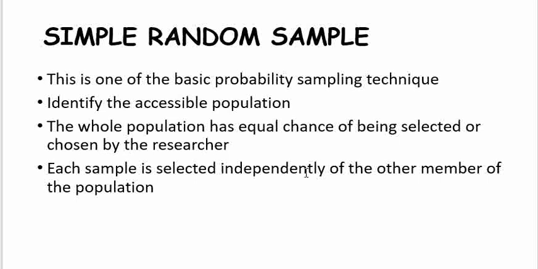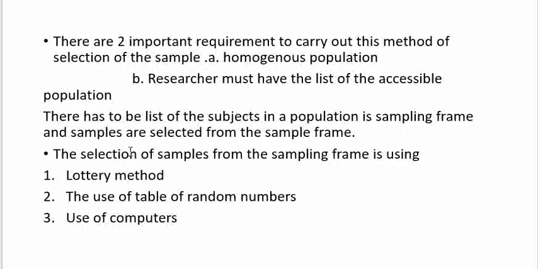Each sample is selected independently of the other members of the population. Remember, it is a very simple technique. Samples are randomly selected, all the population units are given equal chance, and it comes under the probability sampling technique. If these points are written, it's more than enough for the explanation.